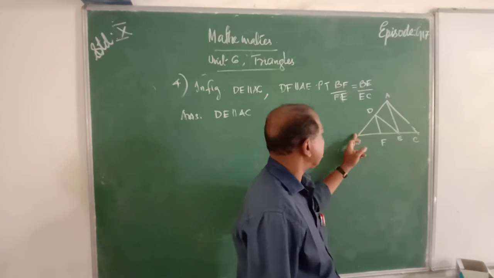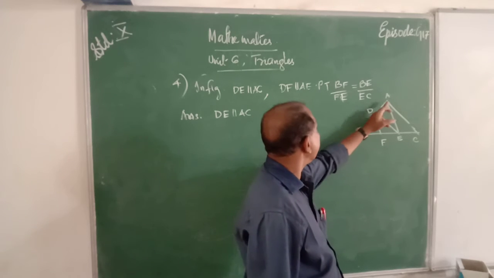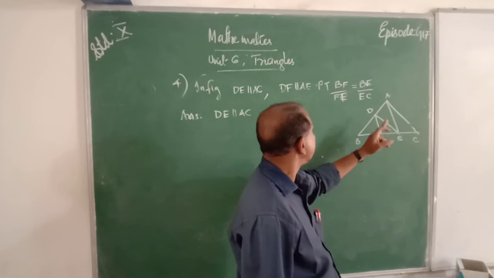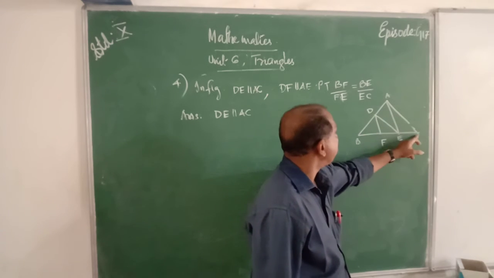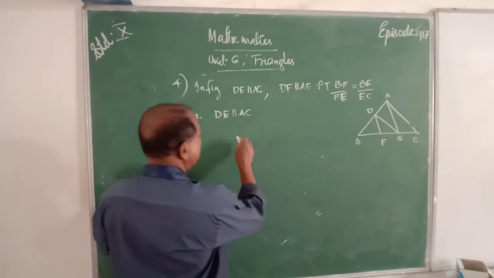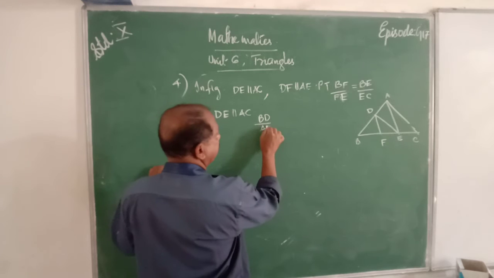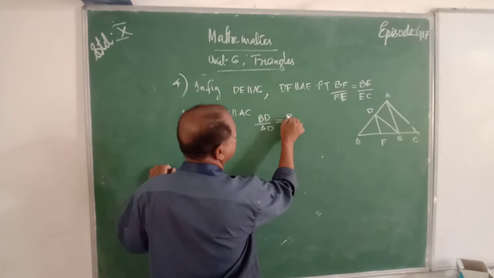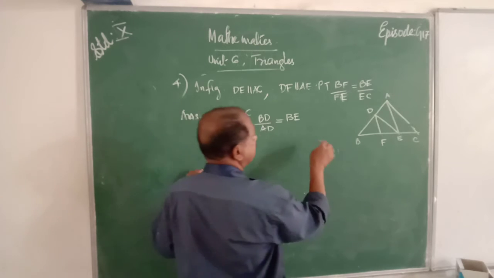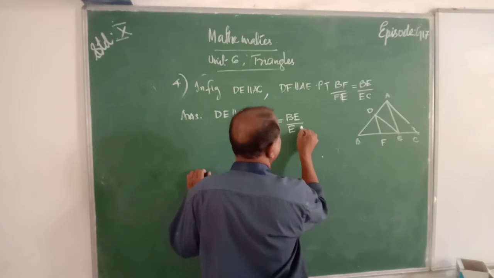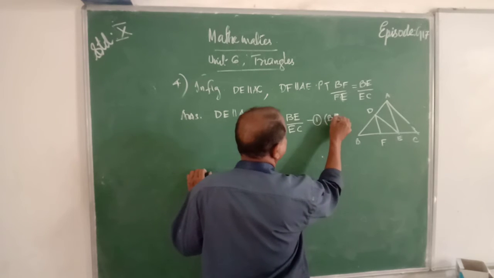Therefore, from this figure, BD by AD is equal to BE by EC. That is result number 1, the basic proportionality theorem.